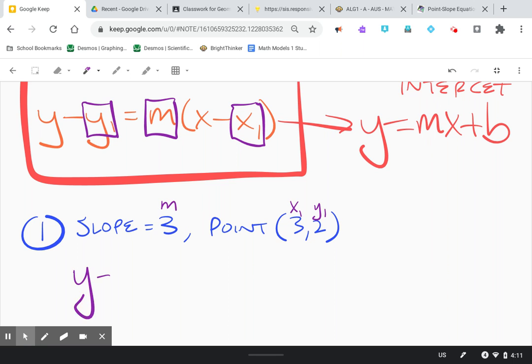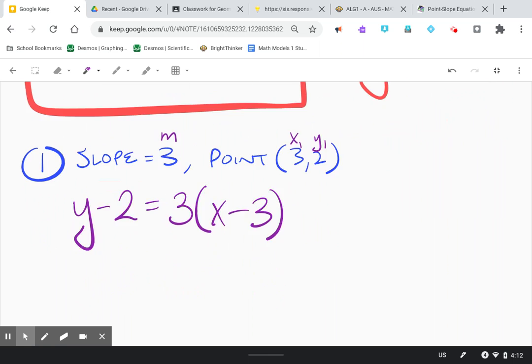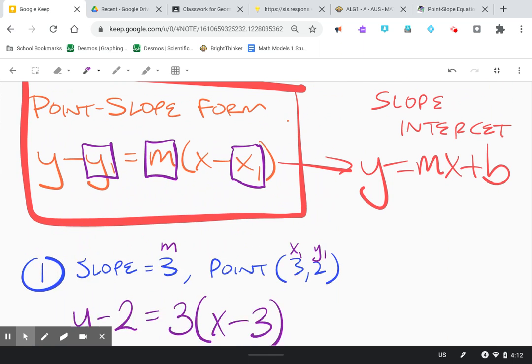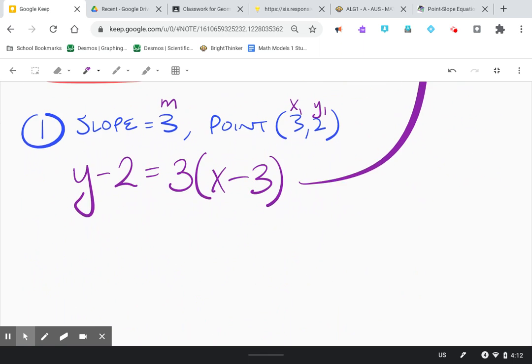So we're gonna have y minus 2, because 2 is the y1, equals 3, which is the slope, parentheses x minus 3. And then all I have to do is continue to simplify this until it looks like the slope intercept form.